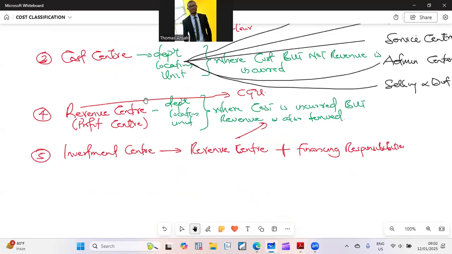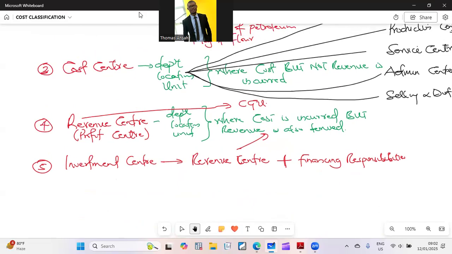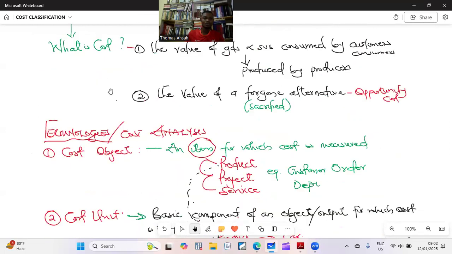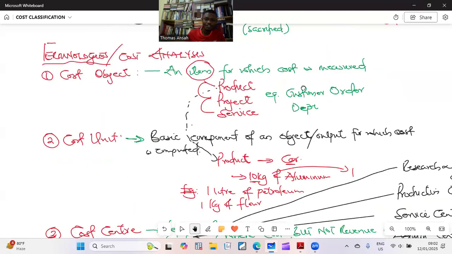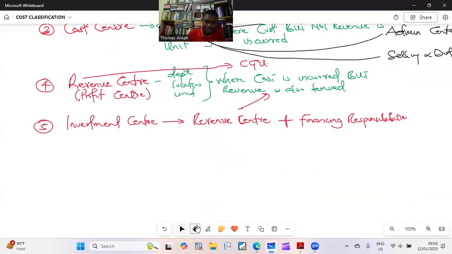We will later learn about a cost card. These are the things about cost that you need to know. So that is the concept of cost for you. Like I said, there is one of them called the cost card. That is a card upon which all the costs are accumulated. I'll give you a template of a cost card, how it looks.